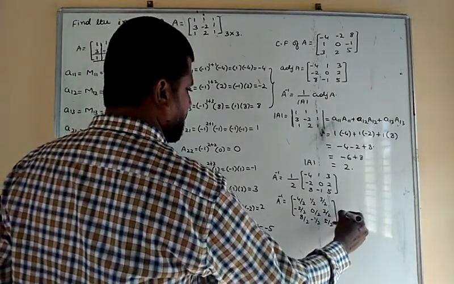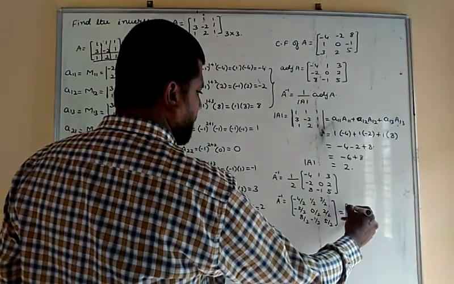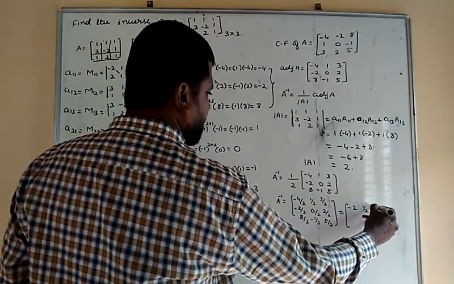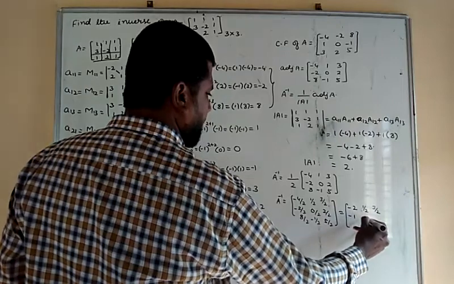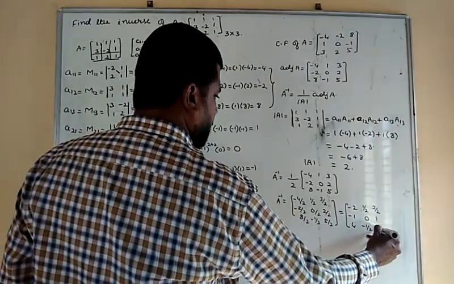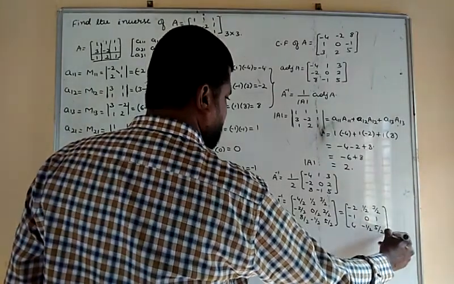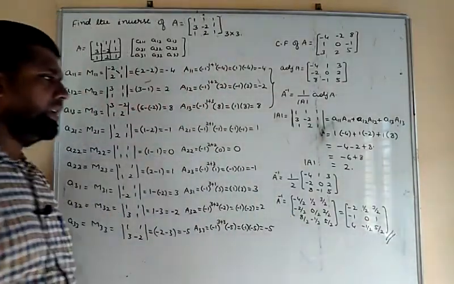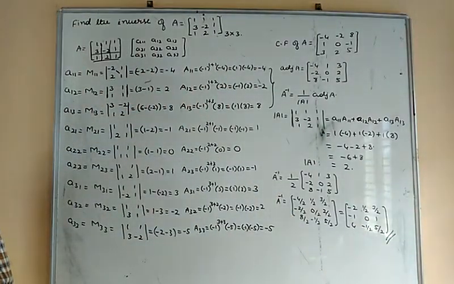That is equal to minus 2, 1 by 2, 3 by 2, minus 1, 0, 1, 4, minus 1 by 2, 5 by 2. So this is the inverse of order 3 cross 3.